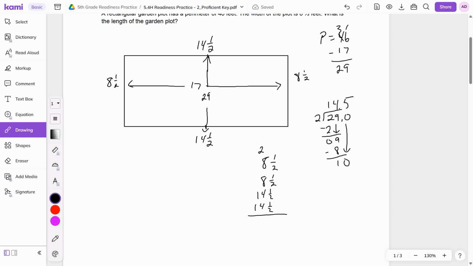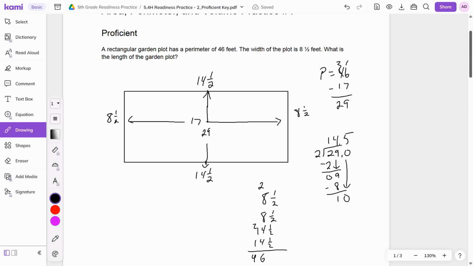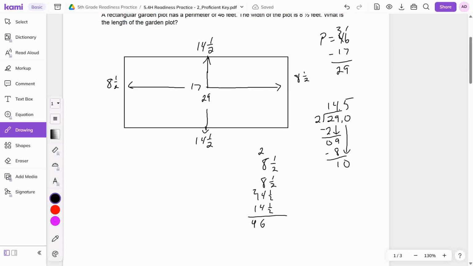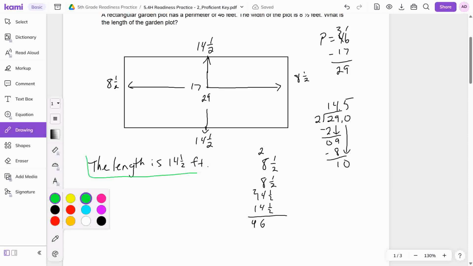And so we're going to get 16, 20, and then 26, and then 46. All right, so we've got our 46 back. And so let's put our length here. We'll need to make sure to include our unit, 14.5 feet. And since we've got a lot going on here, let's put a green box around it.